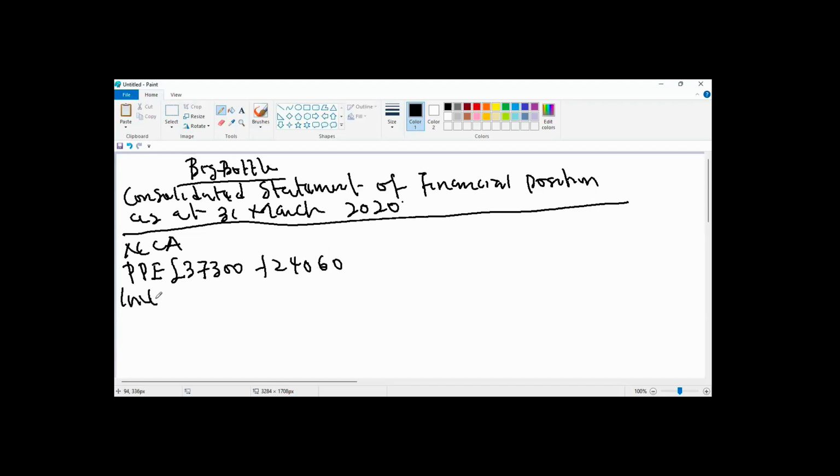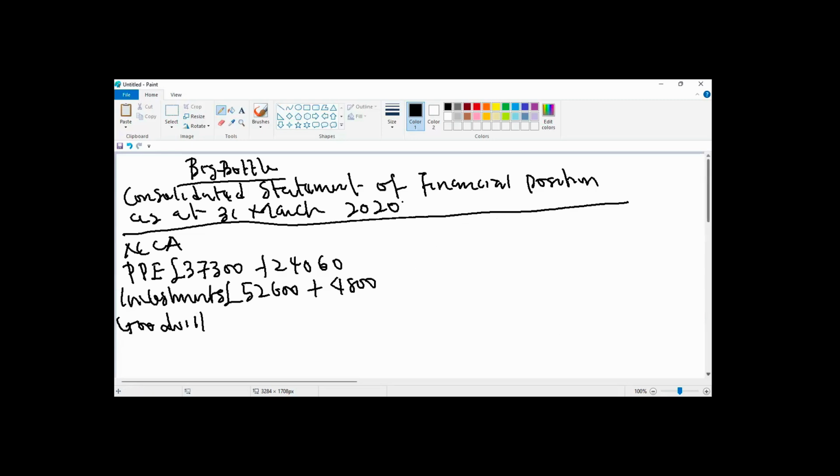Investments: 52,600 plus 48. Then goodwill. Immediately after the goodwill, I go to the current assets, but I leave like 2 line spaces.